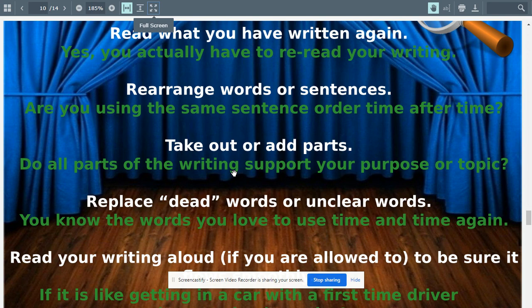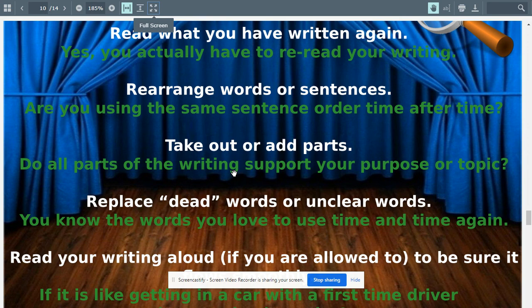Number 26 is, what can you ask yourself to know whether to add or delete? Do all parts of the writing support your purpose or topic? Okay. Does writing support your purpose or topic?